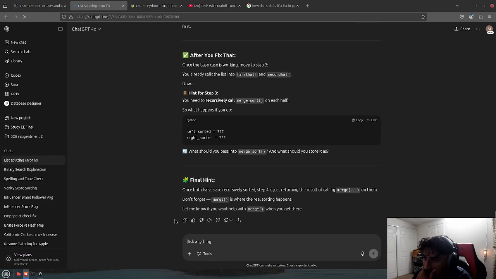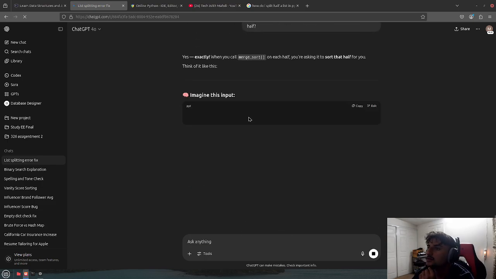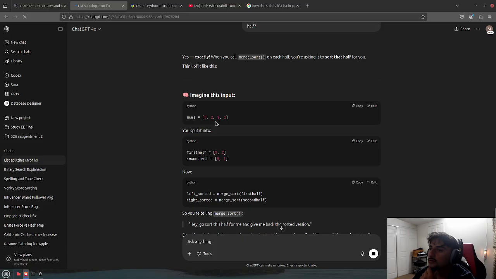Oh, I see. You need to recursively merge sort on each half. So what happens if you... Alright, when I call merge sort on each half, do I each have... this is the 5291.